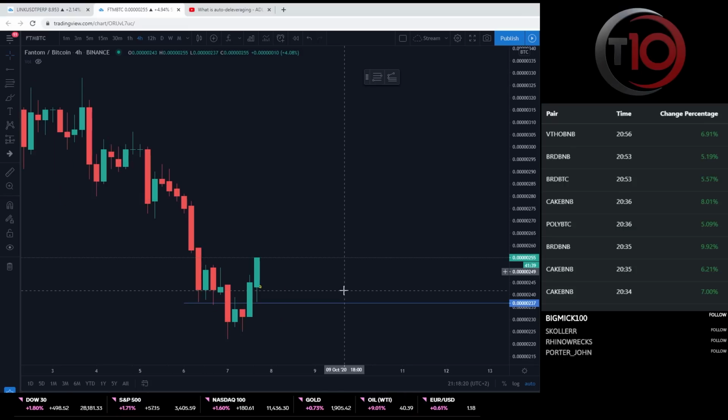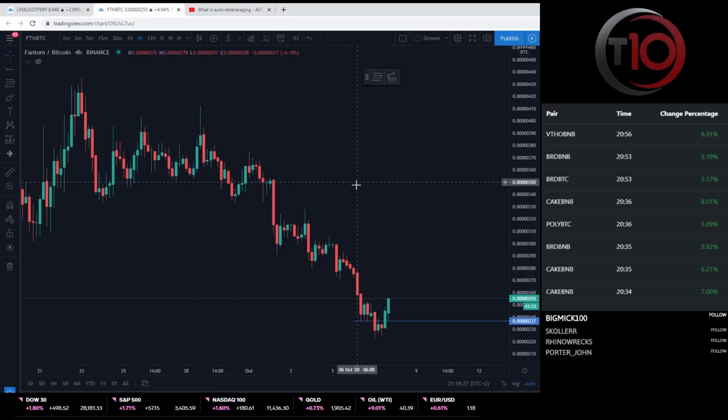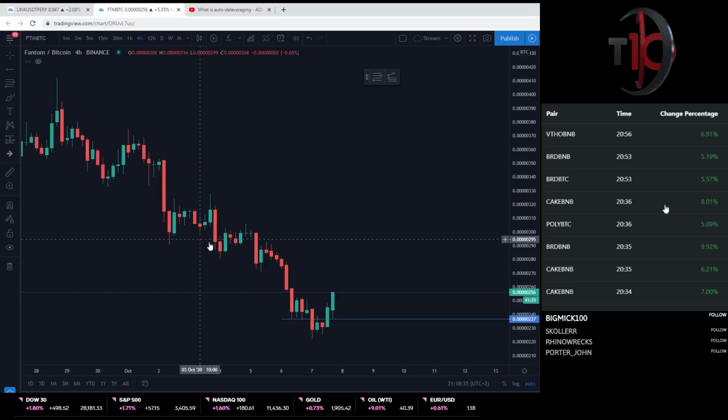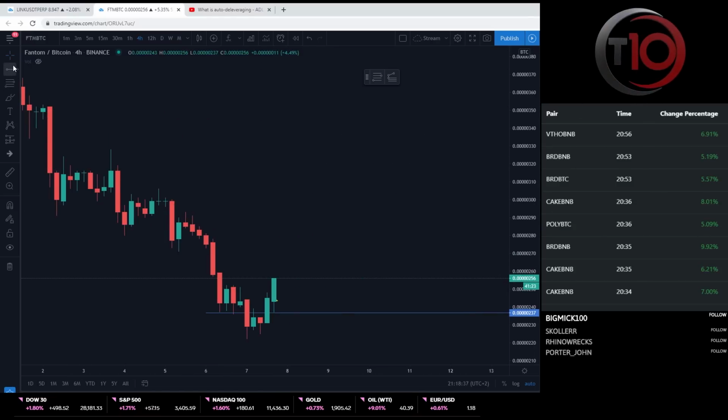So it's a nice start of a possible move up. I think they want to hold this range now. But this is on lower time frames. So this area.